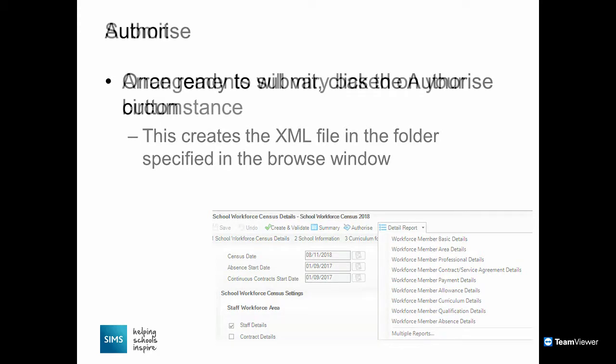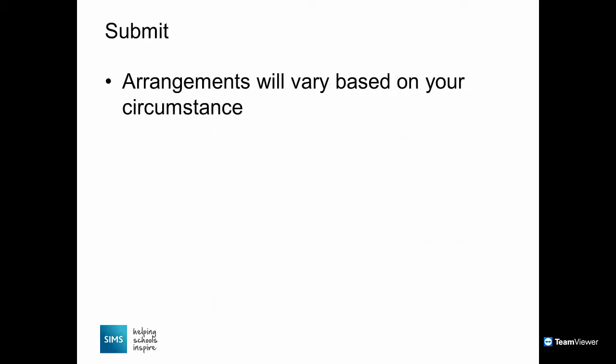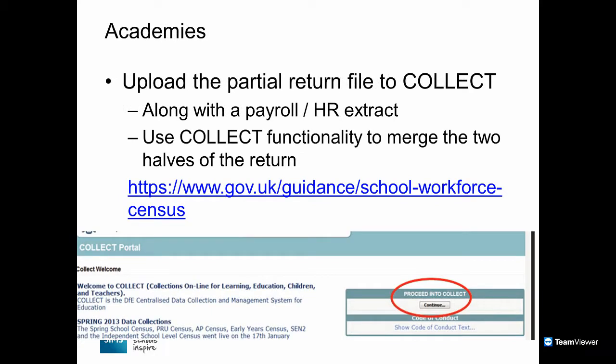Now then, in terms of submission, arrangements vary based on your circumstance. Academies will upload the partial return to Collect themselves, and then they'll also upload another file directly from their payroll or HR service. We'll use Collect functionality to merge the two halves of the return.